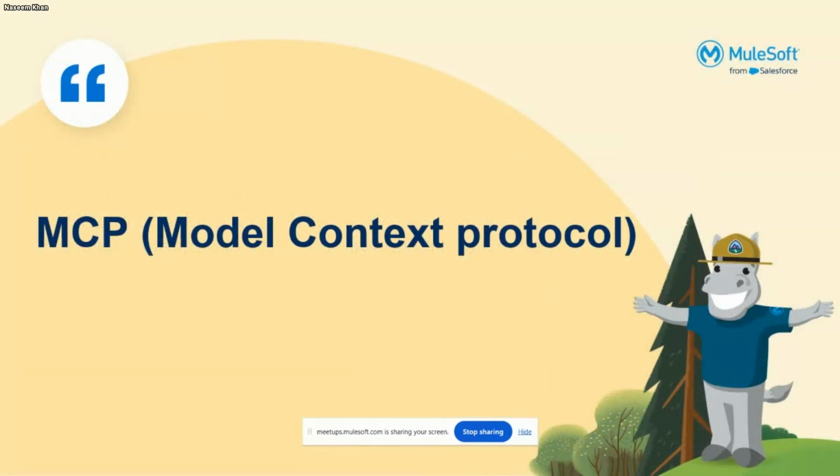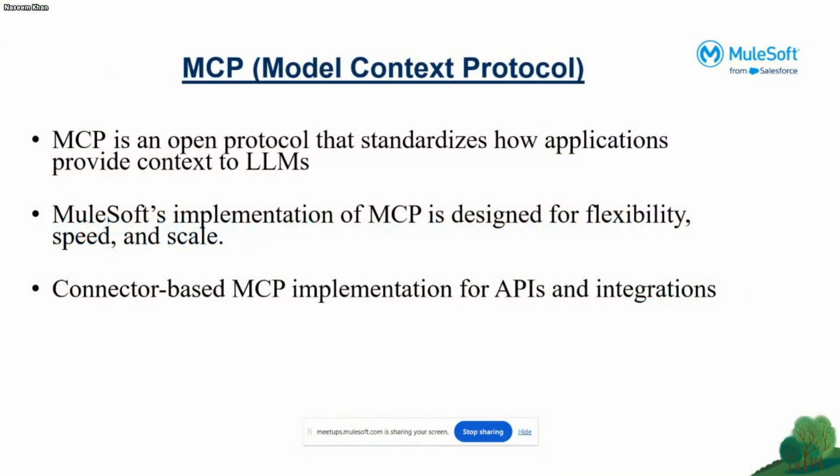So first, what is Model Context Protocol? We can say MCP is an open protocol that standardizes how applications provide context to LLMs. We can think of MCP like a USB-C port for AI applications.